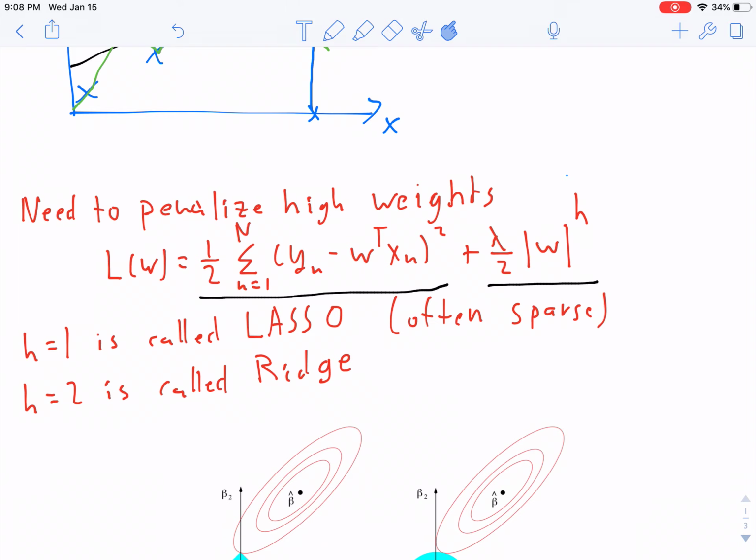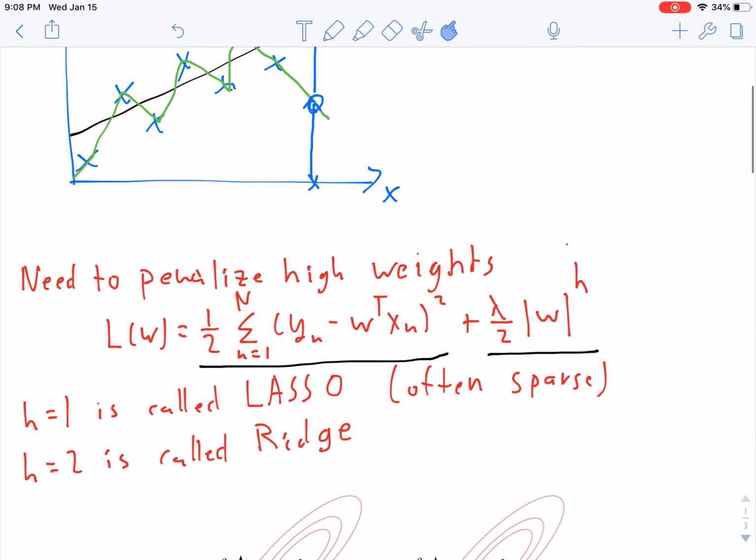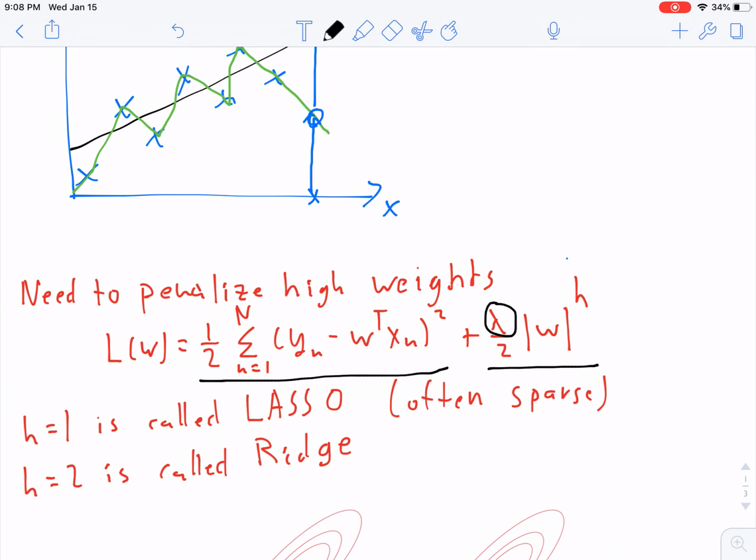So we have a parameter lambda, and the lambda parameter is just how much we care about regularization. The higher it is, the more regularized it will be, and the smaller the coefficients that our model will choose. And then we have the 1 over 2, similarly to what we discussed in the linear regression video, that this just cancels out mathematically.